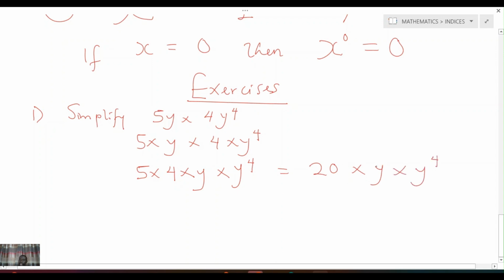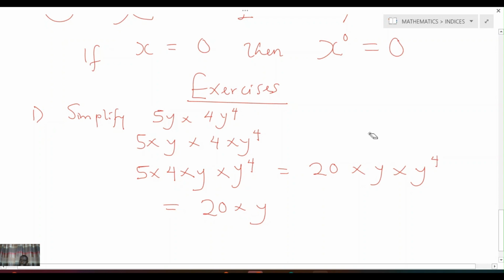Using the first rule of indices, y times y raised to power 4 will make the expression equal to 20 times y raised to power 1 plus 4. You know there is a 1 here, it's just that it's not written there, right?